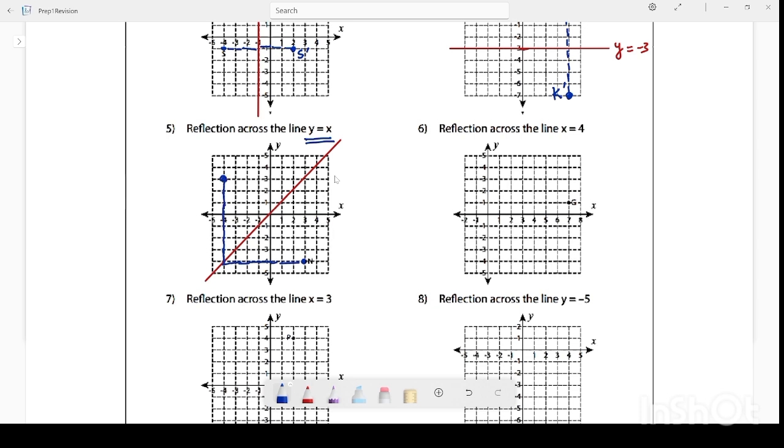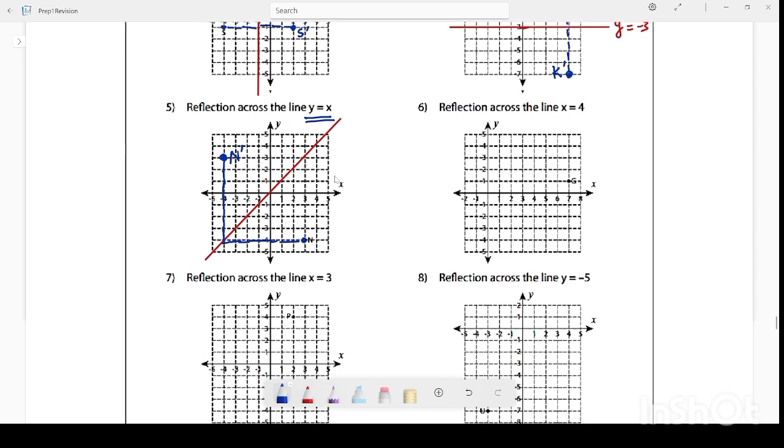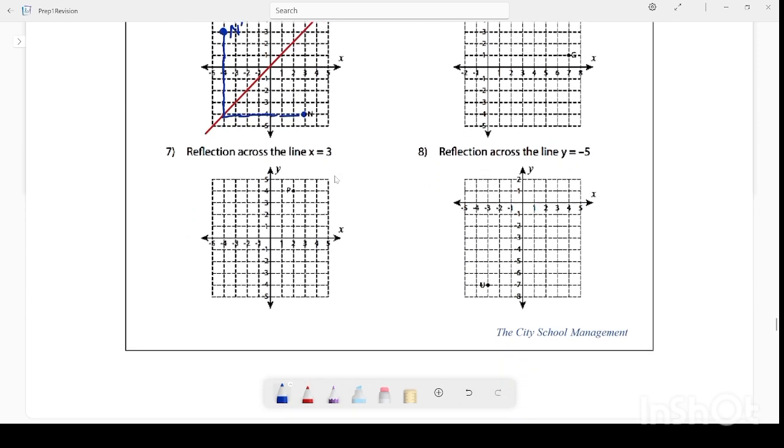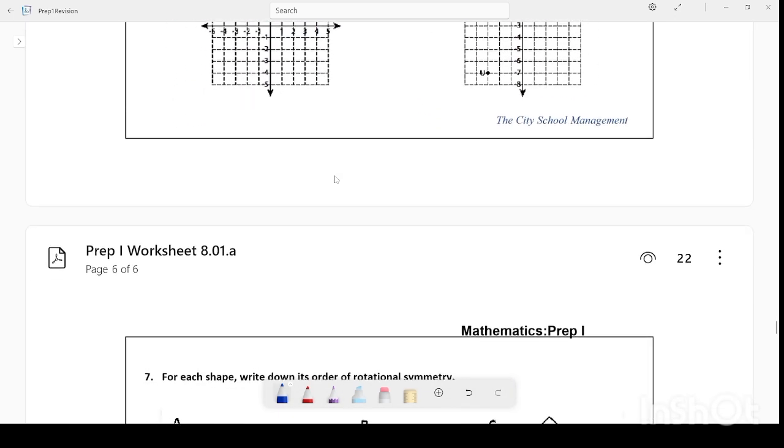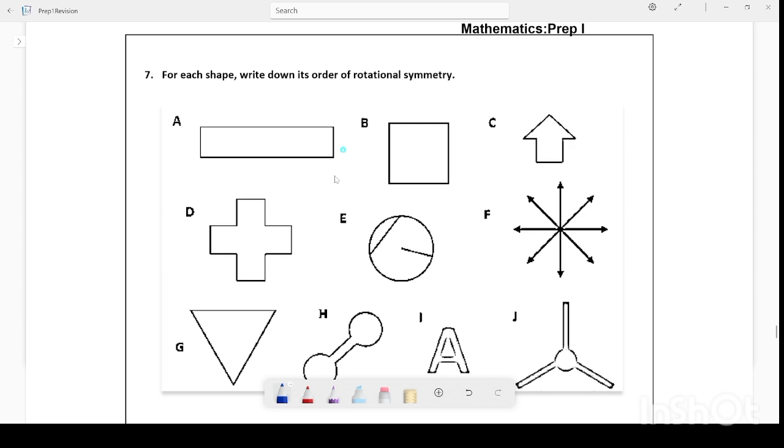So this is the point which is called N prime. Okay, so like this we can draw a line. Now there are x is equal to 4, x is equal to 3 and y is equal to -5. I'm leaving these for you to practice.